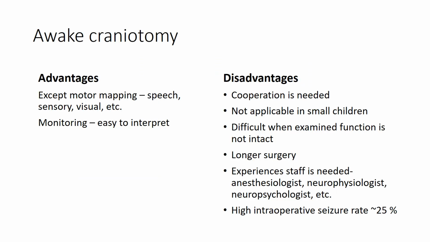Awake craniotomy has some very important advantages. Of course, there are quite a lot of disadvantages with this technique. Well, the most important thing is that it could be used for a wide spectrum of functional mapping, except for motor mapping. We can use it for speech, for sensory, for visual cortices.